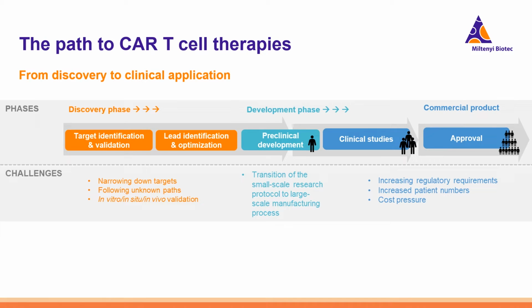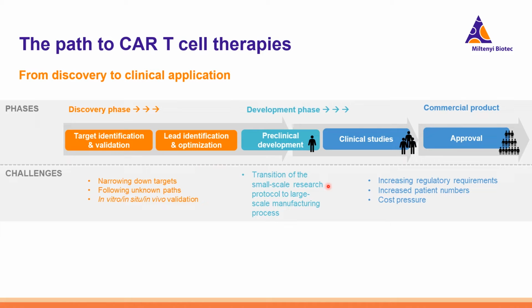And especially cell and gene therapies come along with a lot of hurdles and challenges, which is especially true for such novel therapeutic approaches using such living drugs like CAR T cells. And of course, the challenges differ from phase to phase. In a research setting, you need to narrow down targets, develop safe CAR T cells, validate them in vivo and in vitro.